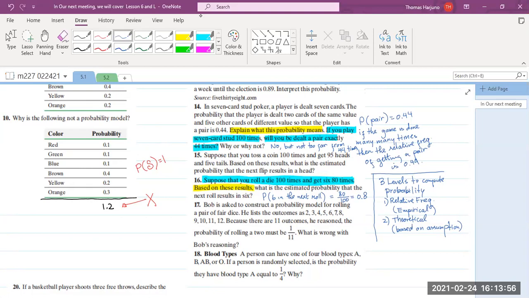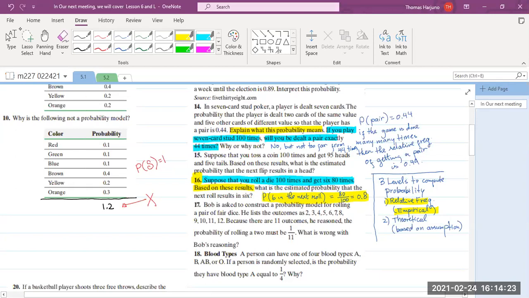But once we have that empirical result, like in this case, when the die is rolled 100 times and 80 of them are 6s, then from there we say, well, the probability of getting 6 is 80/100, not 1/6.